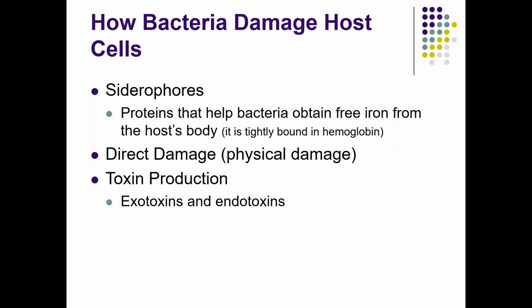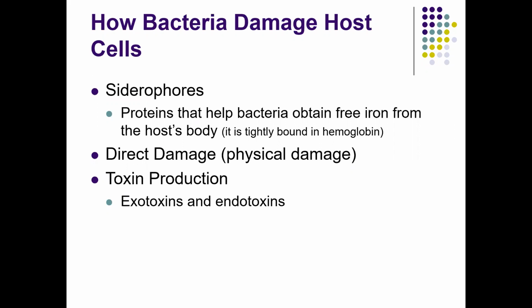So there are quite a few bacterial pathogens that have the ability to make different types of toxins. Now, we already talked about endotoxin because endotoxin is LPS, or lipopolysaccharide, which is the component of the gram-negative bacteria's cell wall.